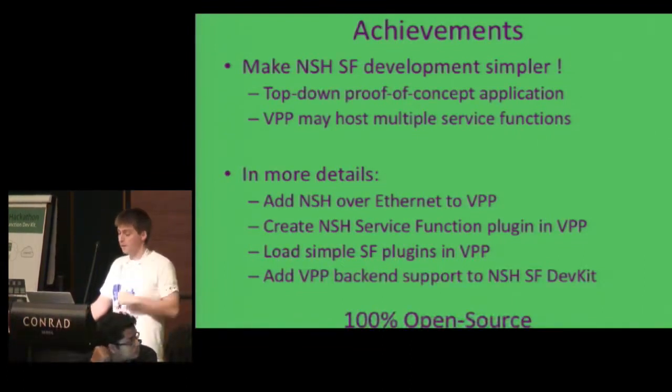So we added that. We also needed VPP to support sending NSH traffic to a local service function, and that's that shared object plugin I was talking about. So we did all that, and then we added a VPP integration layer to the dev kit that Dave and I had worked on earlier.